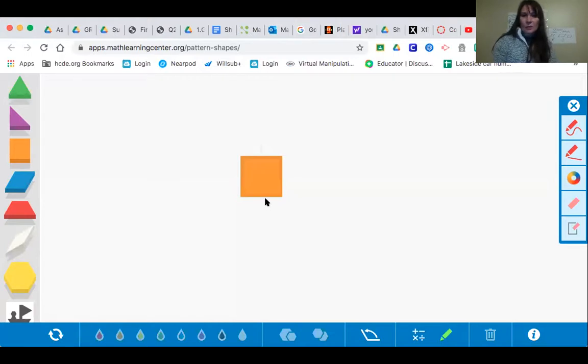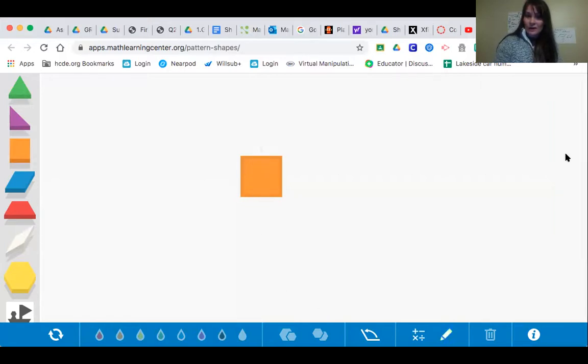I'm looking at the square. What do you notice about the square? Stop and think about it, and when you're ready, hit play. That's right. It also has 4 equal lines.